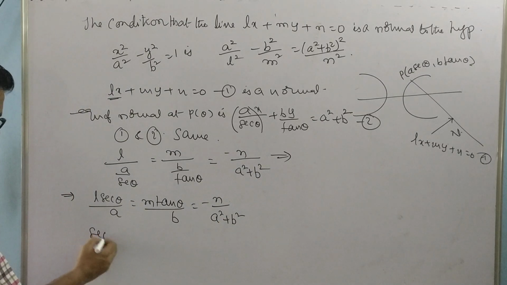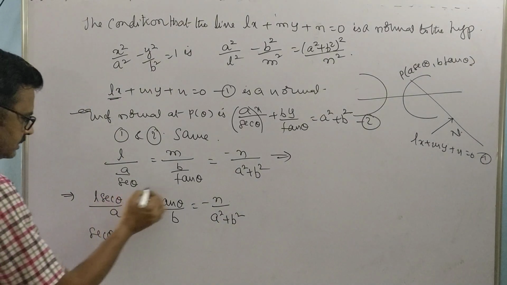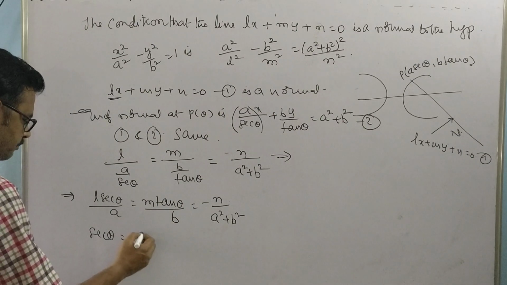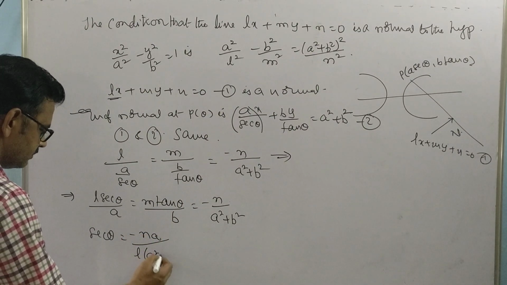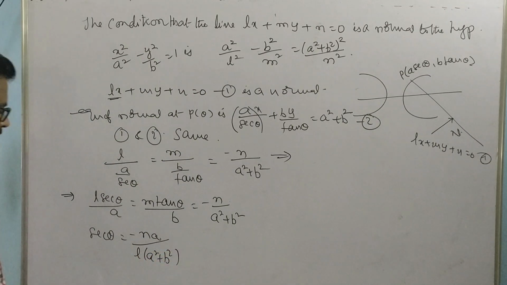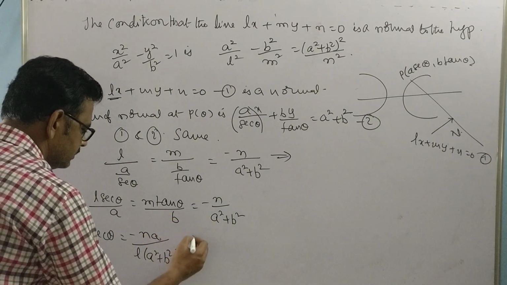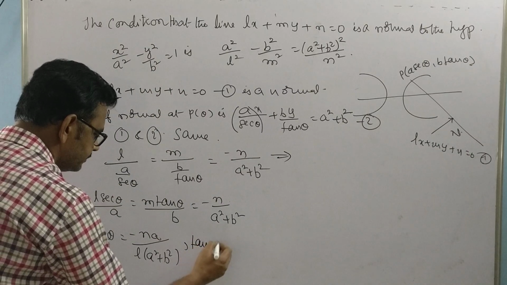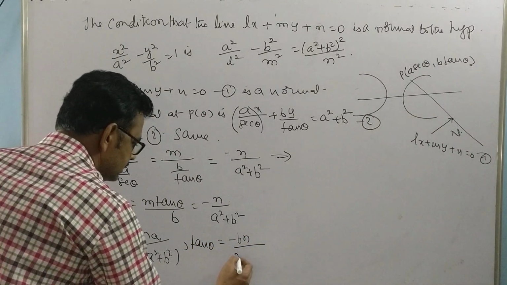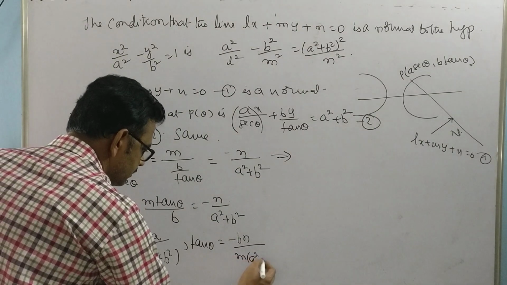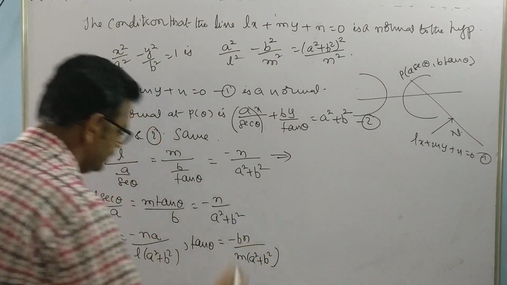Implies secant theta is equal to minus na by L into (a square plus b square), and tan theta is equal to minus bn by m into (a square plus b square).